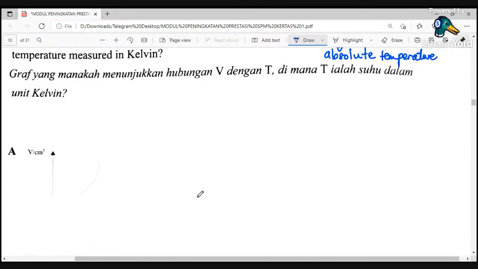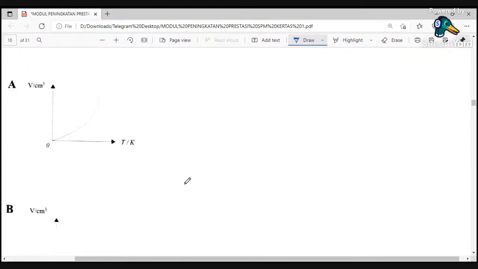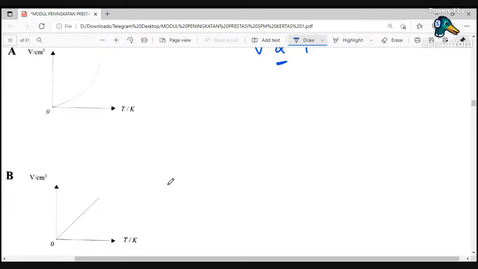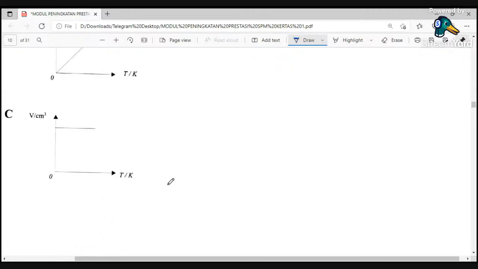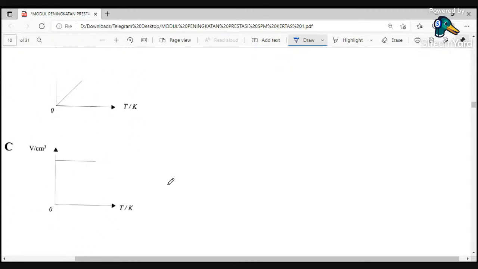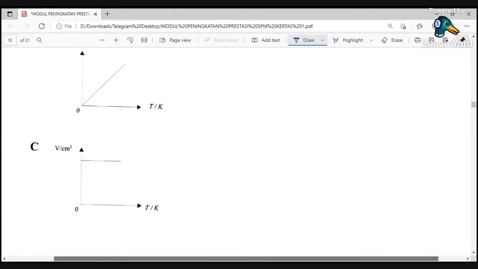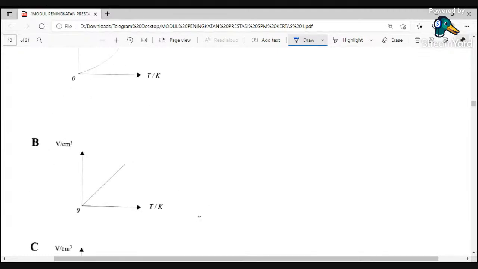Jadi tengok graph mana satu. So from here you can get Charles' law. What is stated by Charles' law? Volume directly proportional to absolute temperature, at a fixed mass of gas. So kalau directly proportional, graph mestilah straight line passes through the origin. So answer dia ialah B. Nombor 12.